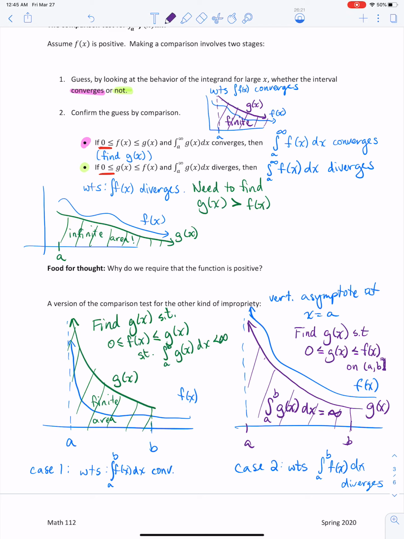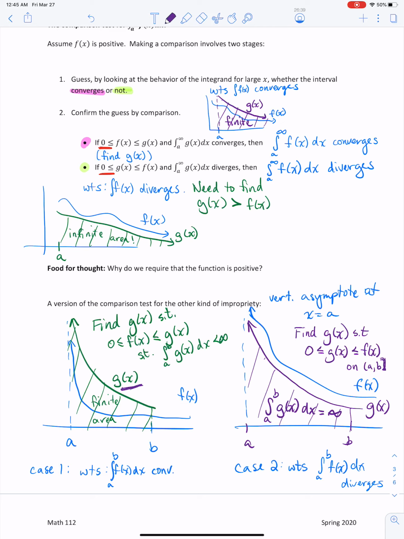Otherwise, if g of x here is not always above my f of x, then I can't always make the claim that the integral under f of x is less than the integral under g of x.